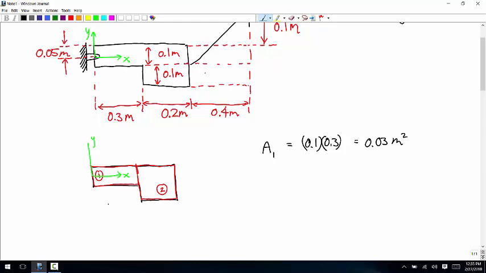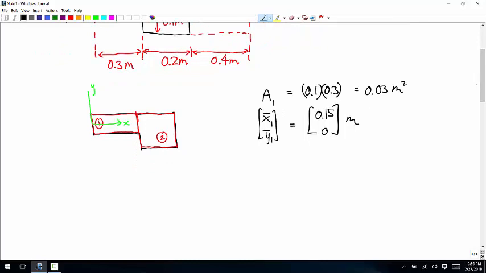And the centroid in that coordinate system that's shown is 0.15 meters in the positive x direction, and then 0 for y. And those units are meters.